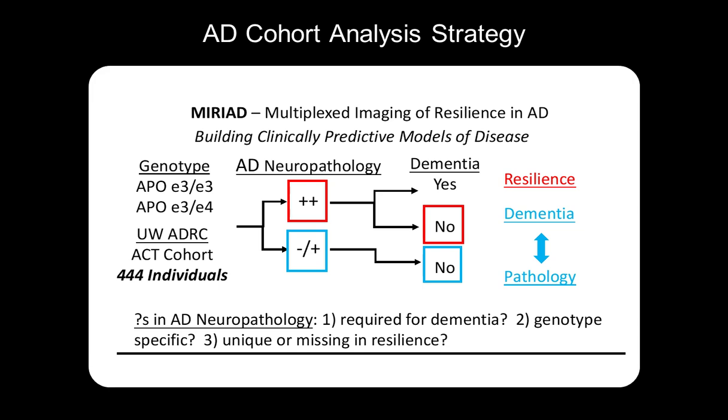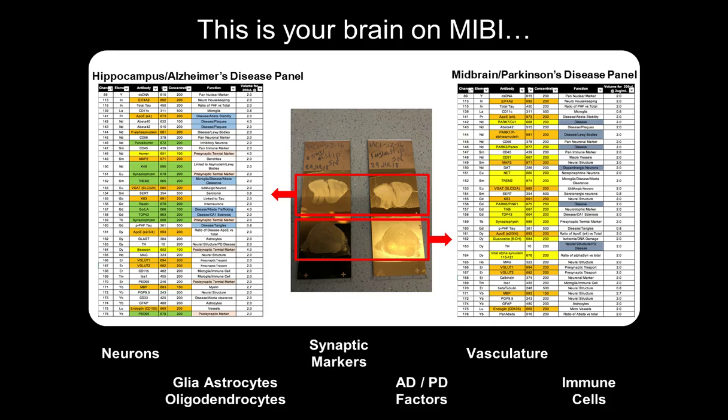Or possibly, what are the changes that might be compensatory or corrective, avoiding dementia? We're hoping that by comparing between these different patient groups, we can start to answer these things, and by knowing their underlying genotypic status, we can see if anything in these processes is related to, say, having the risk gene ApoE4.